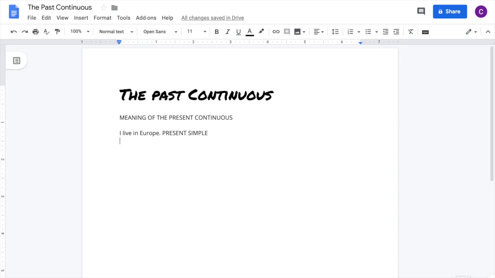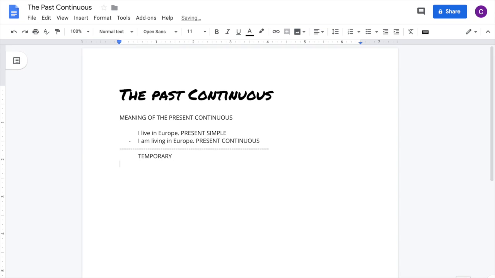If I want to add the meaning that this is a temporary thing that is happening, then I would say I am living in Europe. Now, this doesn't mean for sure that this is a temporary thing. We don't have any details about that, and we're not 100% sure about that. But it has this kind of implication, this kind of indirect meaning that this is a temporary thing.